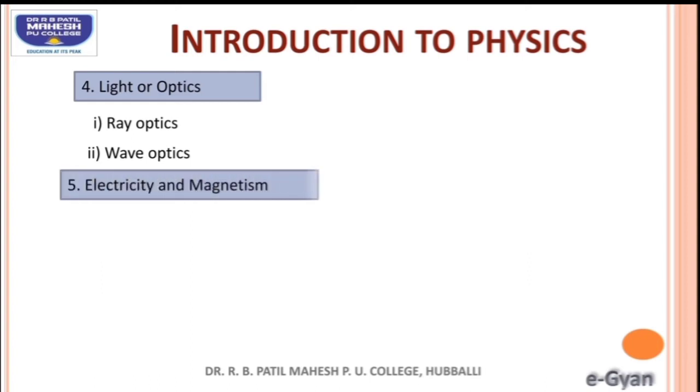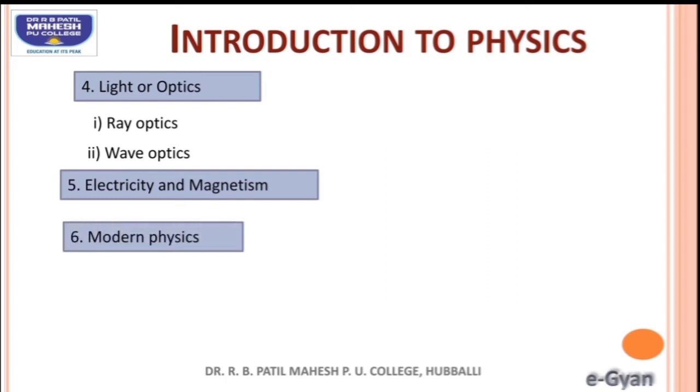Fifth branch, electricity and magnetism. In electricity, we will be dealing with electric charges at rest, and electric charges in motion constitute electric current, and we'll be studying different properties of electric current. In magnetism, we study about the magnetic bodies and magnetic effect of current.